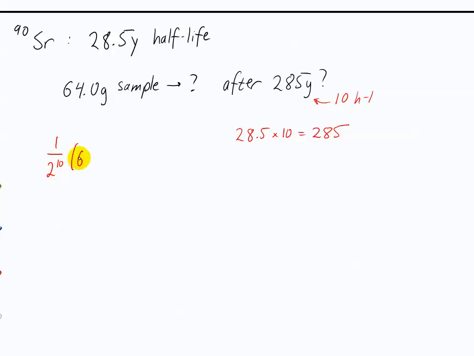So 1 over 2 to the 10th times 64 should be 0.0625 grams. So not much left after 285 years.